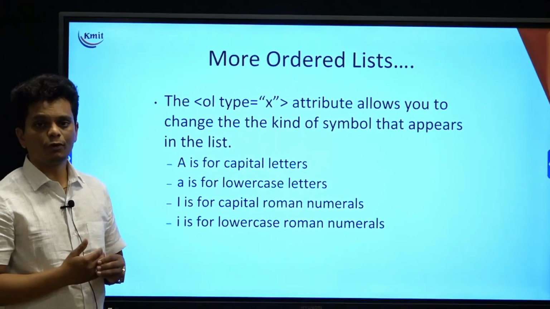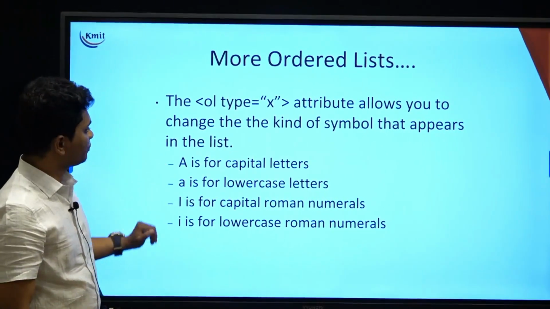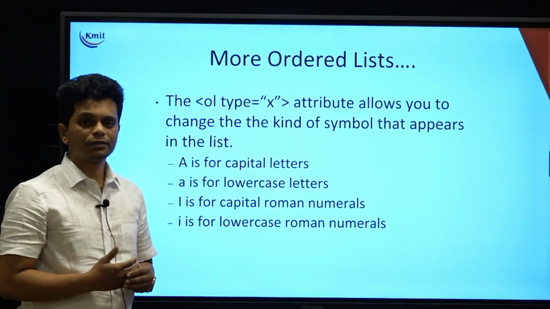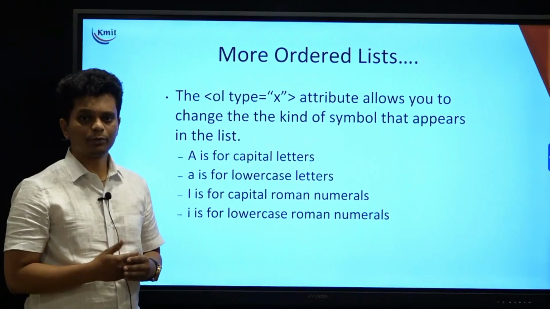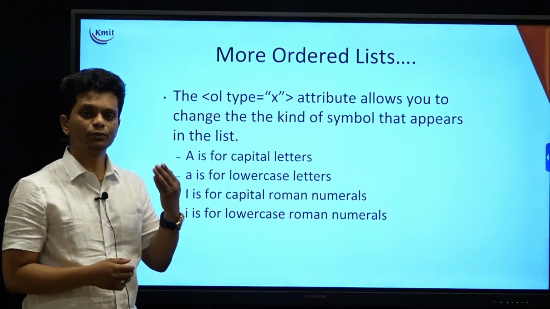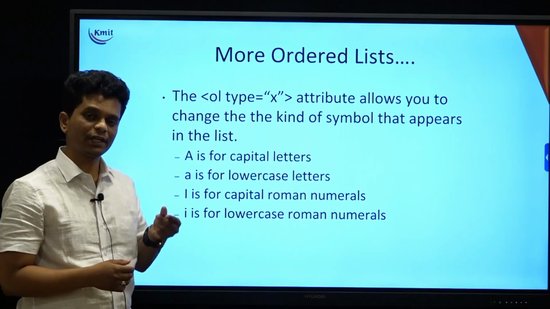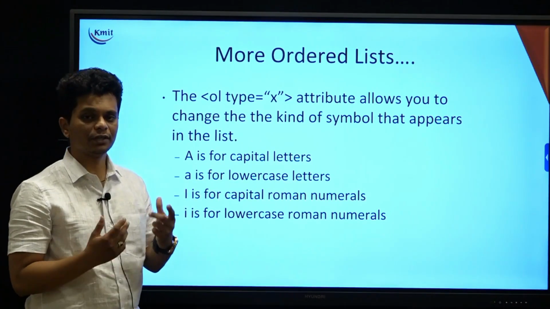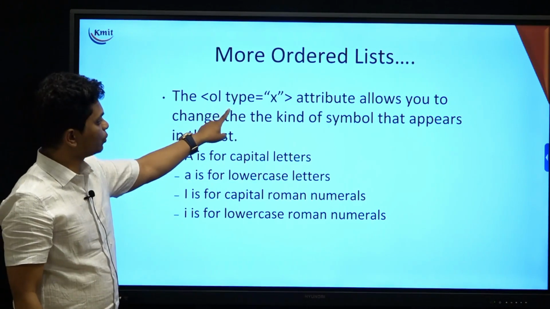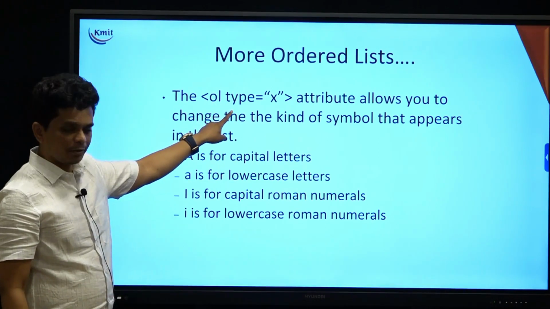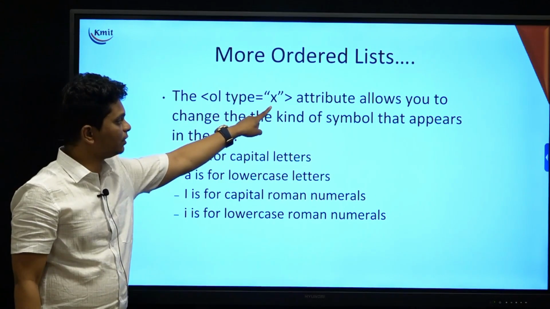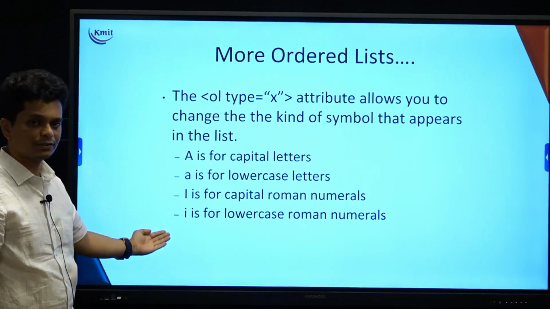More properties of ordered lists. Here, if you want a different set of order, for example, if you want the order to be numbered in Roman numbers or if you want to use lowercase or uppercase alphabets, then we have an attribute called type. So you may use type as an inline attribute with the OL tag and here you need to mention one of these.